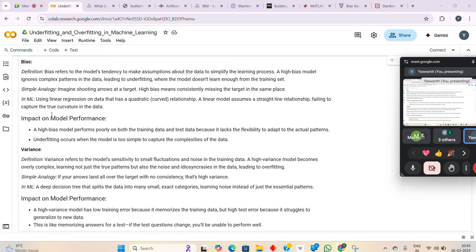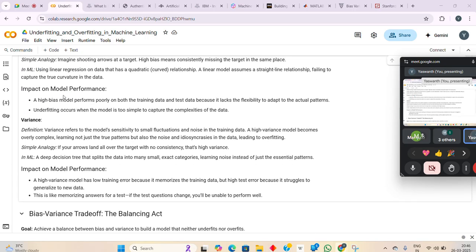In ML also, if you are using linear regression, for example, and the data is arranged as a curved relationship, not linear, the data is pushing you to apply polynomial regression. But if you use linear regression, which means a straight line, you are going to skip some complex patterns, so your model is going to underfit.